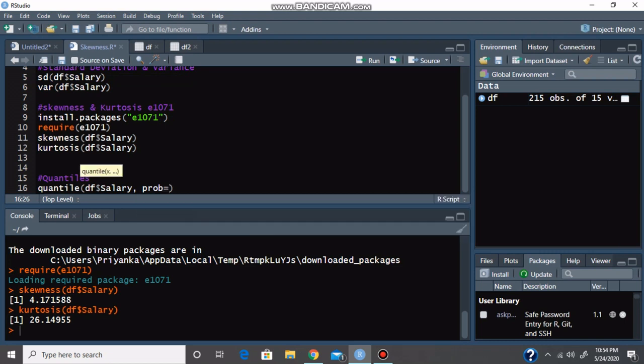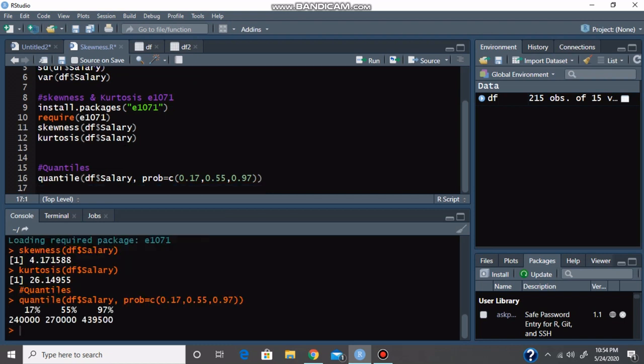So we'll put it in a vector, and the vector has values, let's say 0.17, then we have 0.55, and let's say I have a value 0.97. So let's run this. You can see that I have the value as 2,40,000 at the 17%, 2,70,000 at the 55%, and 4,39,000 at the 97%.